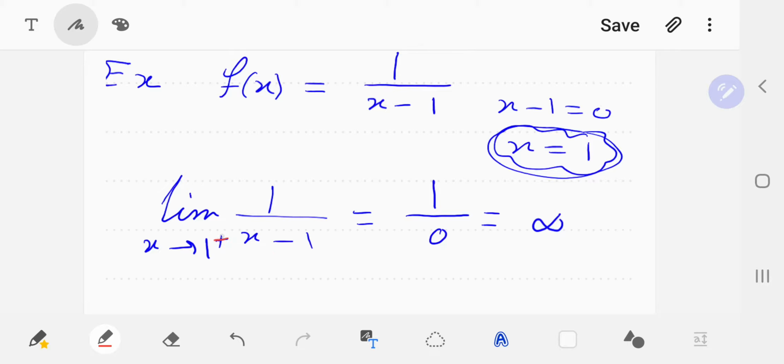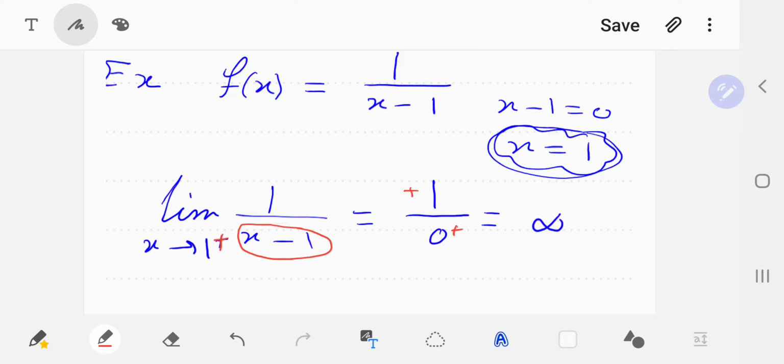I'm using here 1 from the right. 1 from the right means a very close value to 1, like 1.1, for example, or 1.01. Okay, let's say I'm going to substitute here 1.1. So what will you get? 1.1 minus 1. That will give you a positive value. So actually I'm talking about a positive number here.